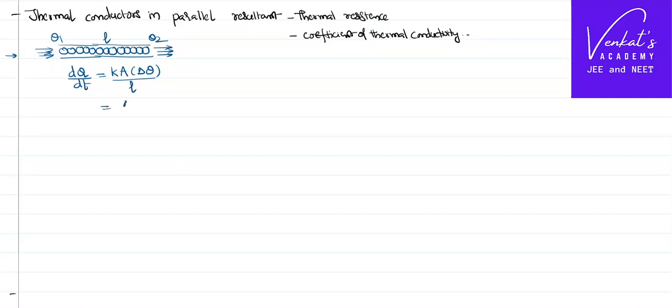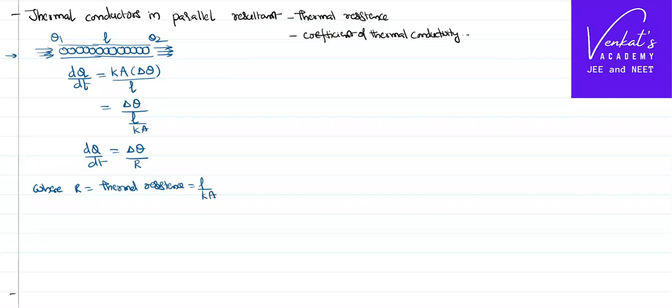So this can be rewritten as delta theta by L by Ka. That L by Ka is called the thermal resistance. We write it with the letter R, where R is the thermal resistance, equal to L by Ka.